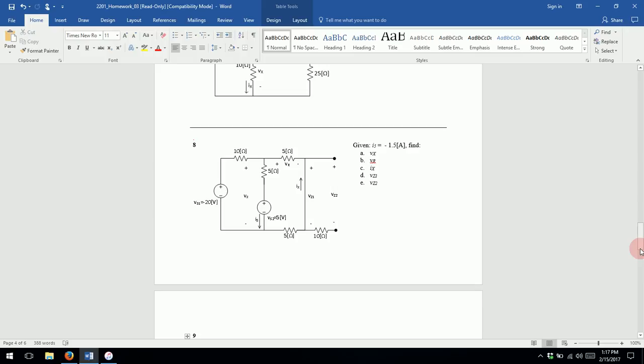I know I5, right? So if I choose this KVL loop here, I can get the value of Vx in one equation. So KVL2 will give you minus Vx plus I5 times 5 ohm plus 5 volts equal to 0, right? So you get the value of Vx right here. Questions?